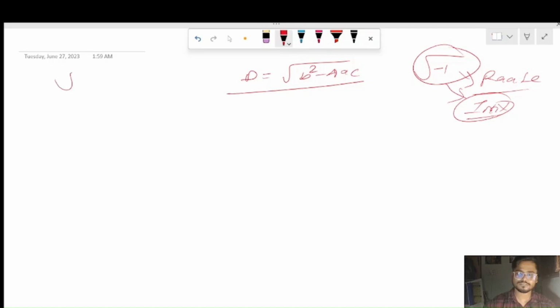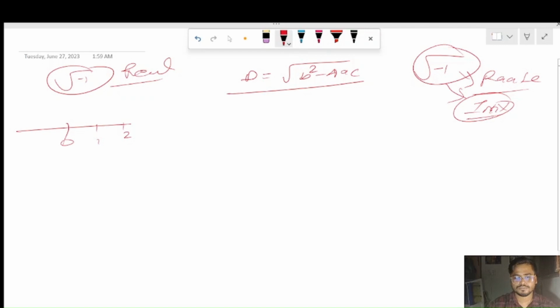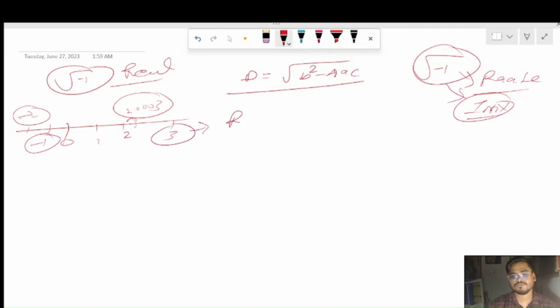Because under root never takes a negative value in the real number system. What is the real number system? That which can be represented on the number line, like 0, 1, 2, 3. In between two numbers we can take any number, like 2.00003, which can be represented on the number line. Minus 1, minus 2 can also be represented on the number line; these are real numbers.